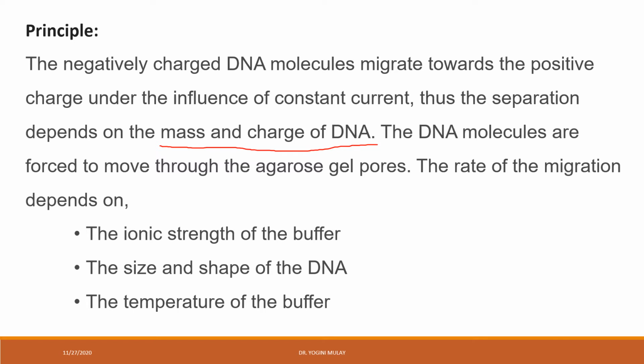The DNA molecules are forced to move through the agarose gel pores. The rate of migration of DNA all depends upon the ionic strength of the buffer. It also depends upon the size and shape of the DNA and the temperature of the buffer.